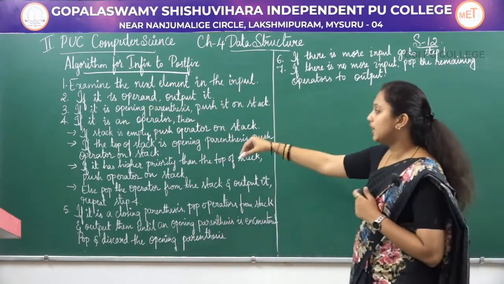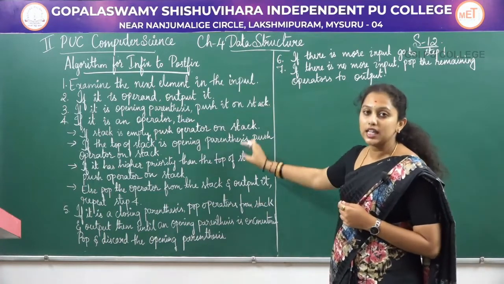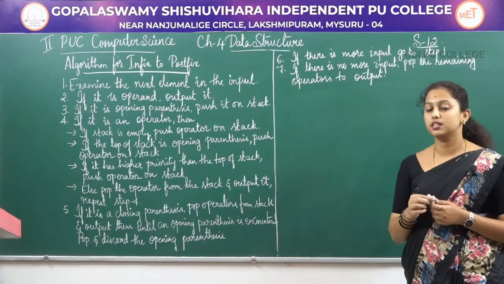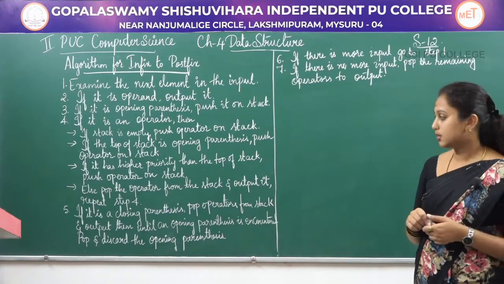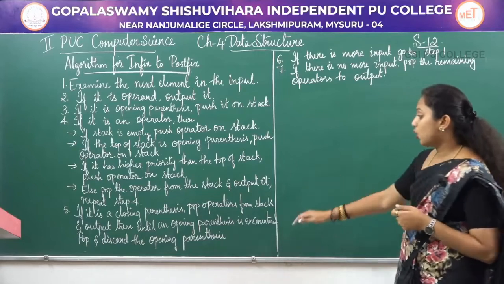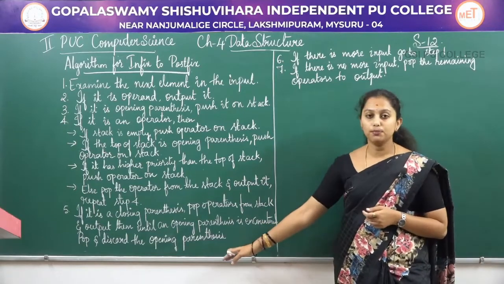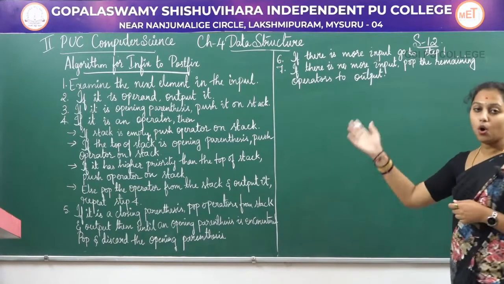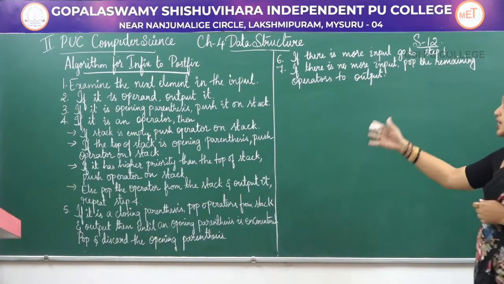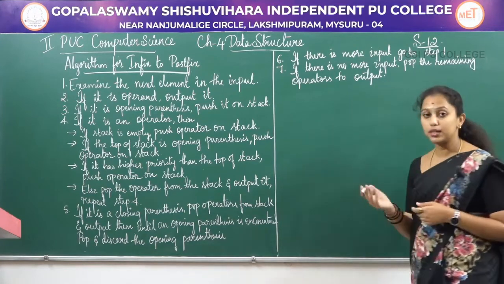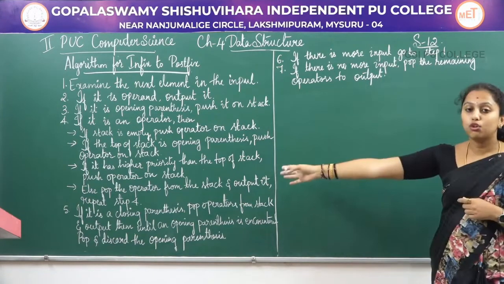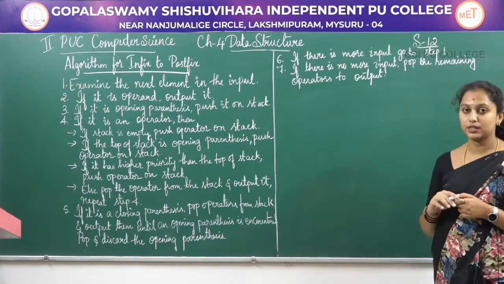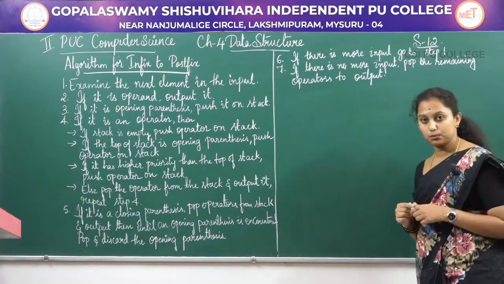If it is an operator, we check all these conditions, because some operators have higher precedence than others. If it is a closing parenthesis, we pop the operators from the stack. After this, if there is more input, we go to step 1, else we pop the operators from the stack to output.